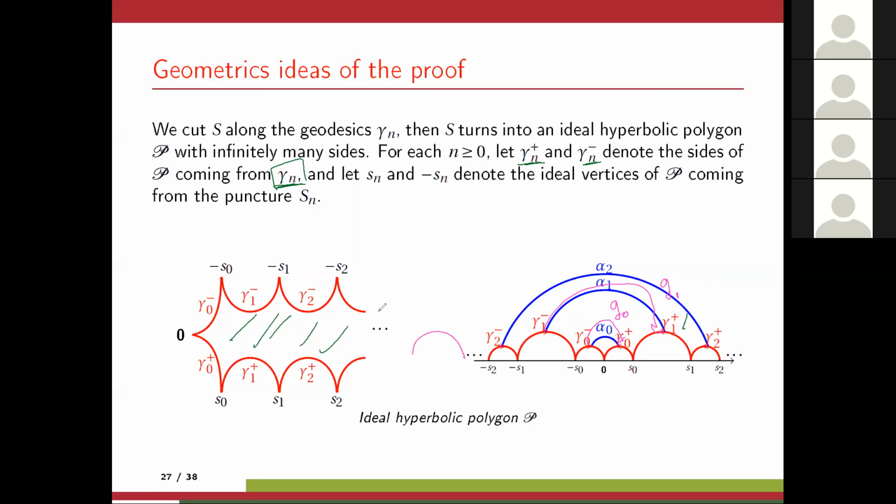The half circles gamma n negative and gamma n plus are identified using a Mobius map Gn. These sides in this polygon are special because they have the same radius.